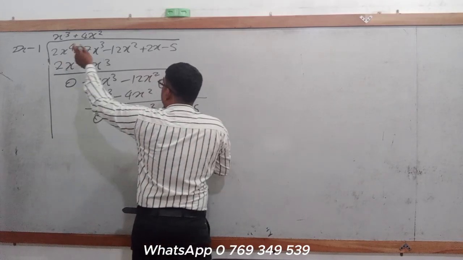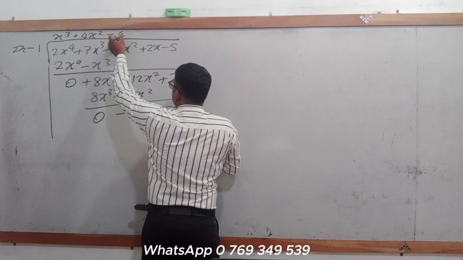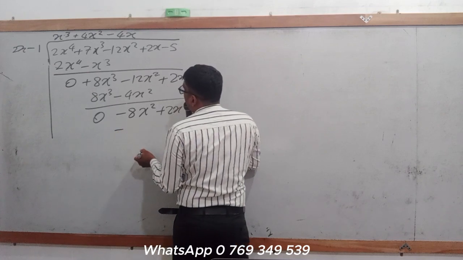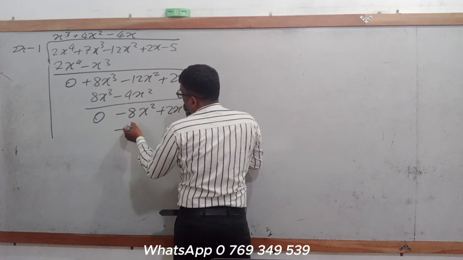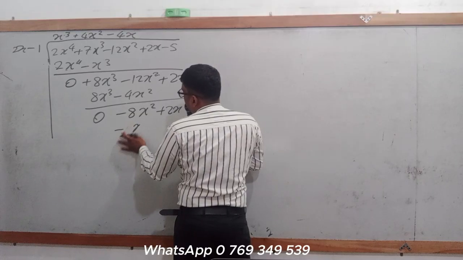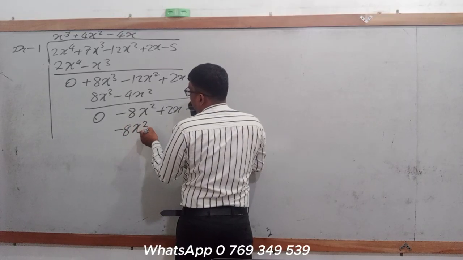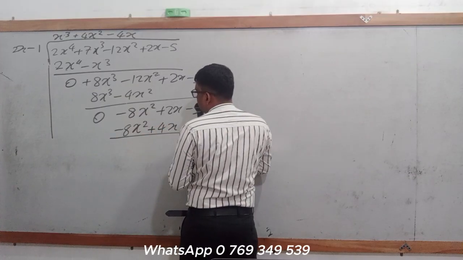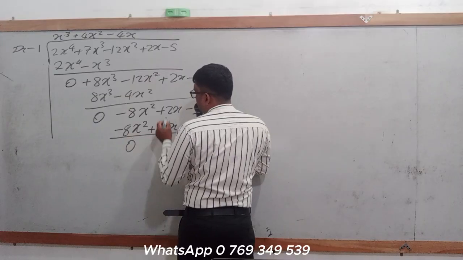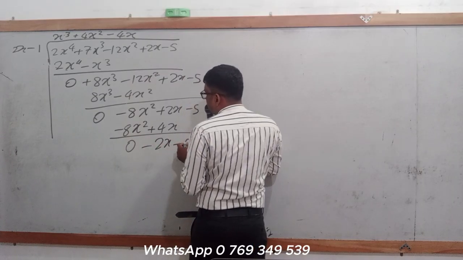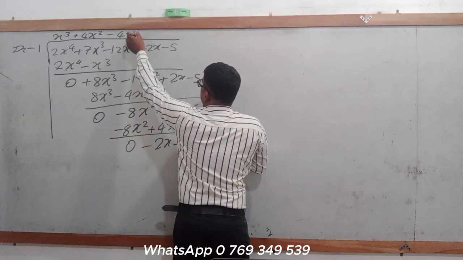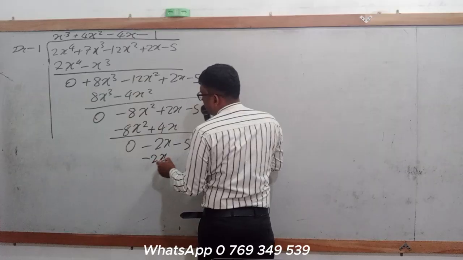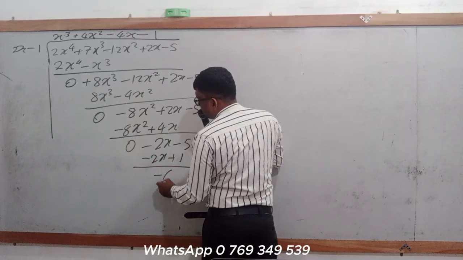And this one again divided by that one, plus 4x, and again multiplied, 4x, sorry, 8x square plus 4x, and here 0, and here minus 2x minus 5, minus 2x, this one should be minus 1, and again minus 2x plus 1, minus 6.